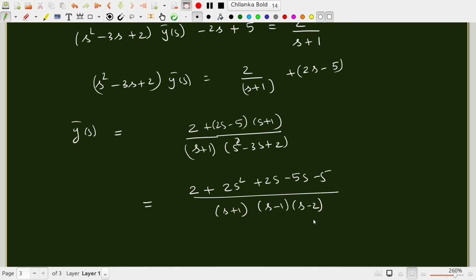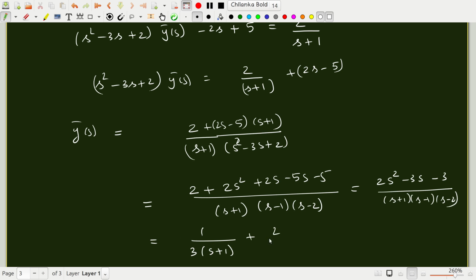If I factor this quadratic, now if I simplify this further, I'll get 2s squared, okay, this is minus 3s minus 3 upon s plus 1, s minus 1, s minus 2. Using partial fractions, you can write this as s plus 1 plus 2 by s minus 1 minus 1 by 3 s minus 2. This is y bar of s.